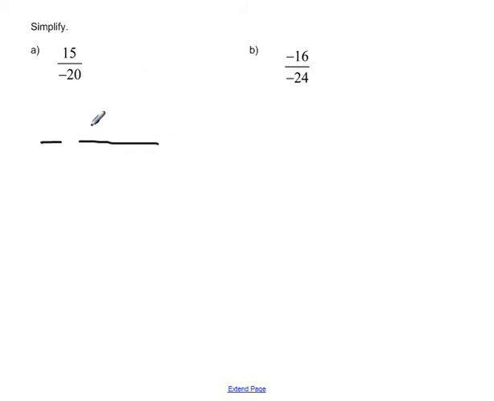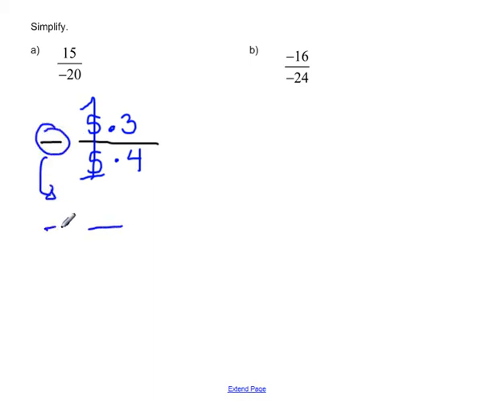So if I rewrite 15 as 5 times 3, and I rewrite the 20 as 5 times 4, so I'm letting that common factor show, notice that 5 over 5 is just going to equal 1. And 1 times 3/4 we know is 3/4, but we want to be sure that we don't forget about that negative sign.